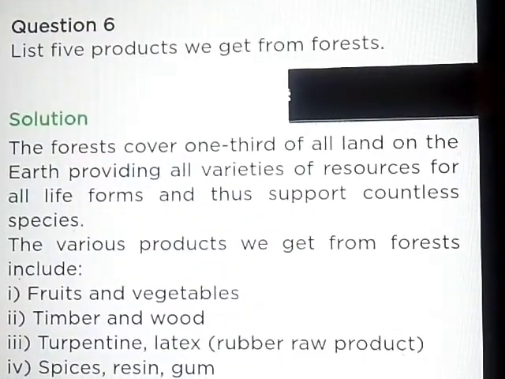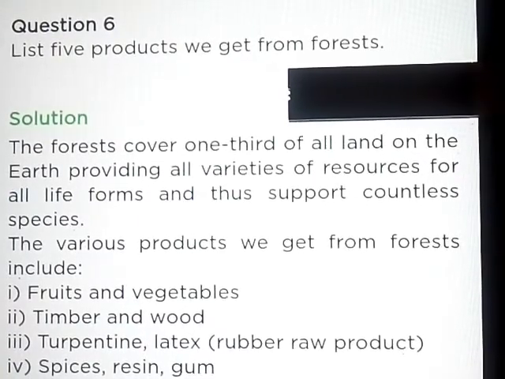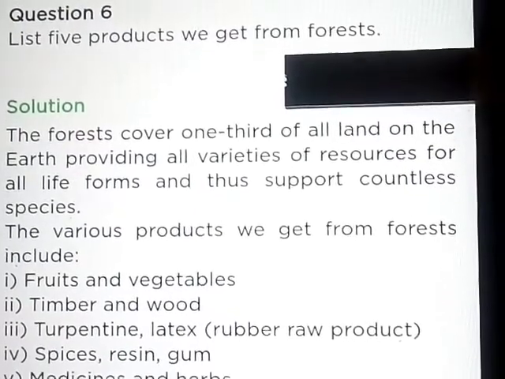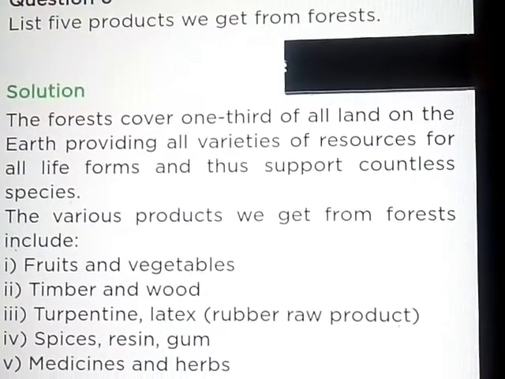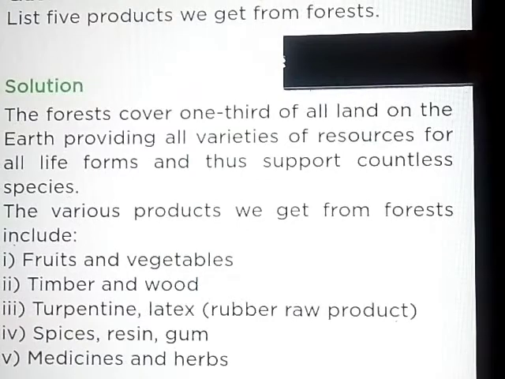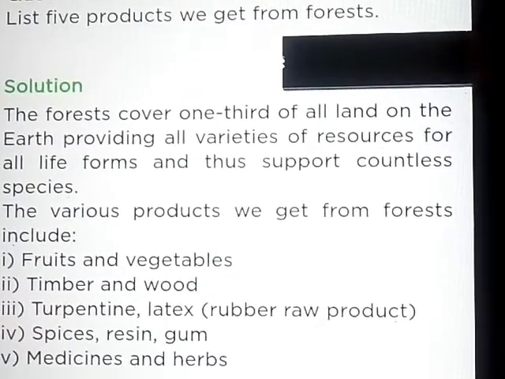Question number 6. List 5 products we get from forests. Answer. The forests cover 1/3 of all land on the earth, providing all varieties of resources for all life forms and thus support countless species.